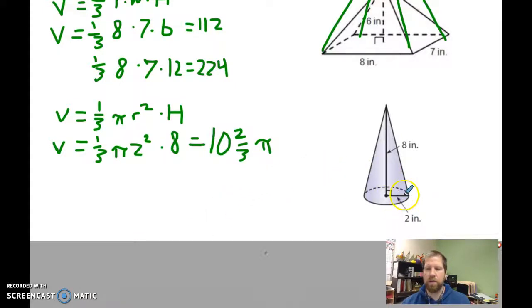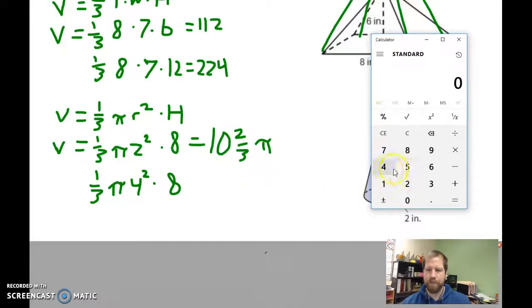Then if I double my radius, 1/3 pi times 4 squared times 8, it should be 4 times this much, right? Should be 2 times and then 2 times again.